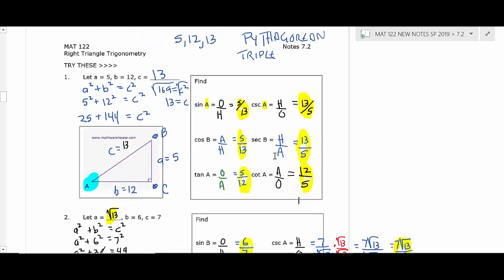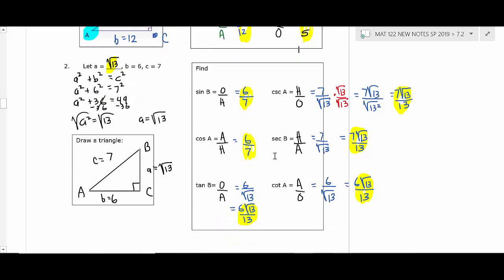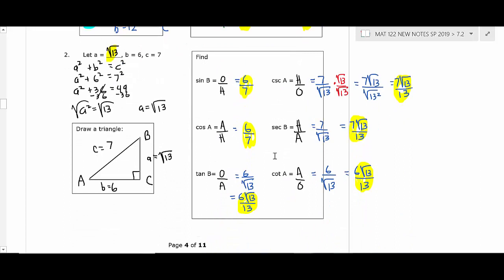Now let me get down to this next one and show you what I did here. This time I wanted you to draw a triangle. Your triangle may not look exactly like mine, but you have to use C for the right angle and then use A and B. Those could be interchangeable, but the key thing is side A is opposite angle A, and that is something we had to find.